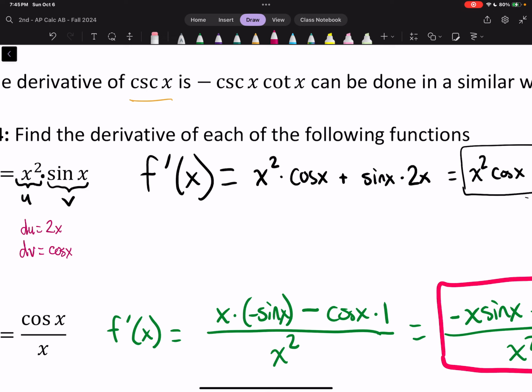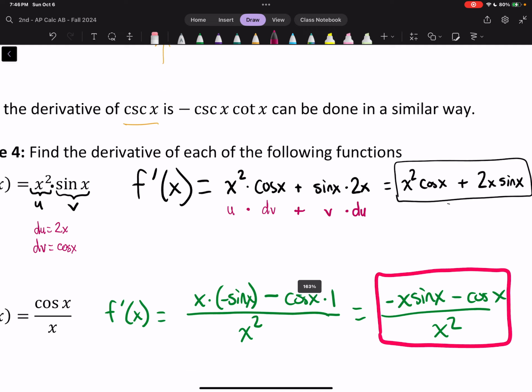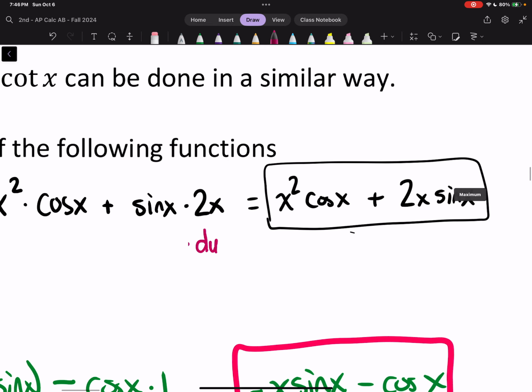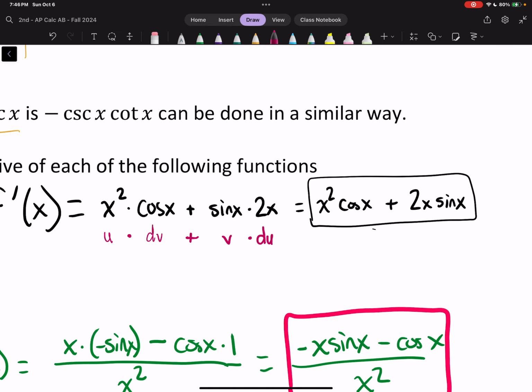The product rule says first d last, or u dv, plus v du. Substituting those in, we get x squared cosine of x plus 2x sine of x. And there's no like terms there. There's nothing else we can do, so we're going to leave it just like that.